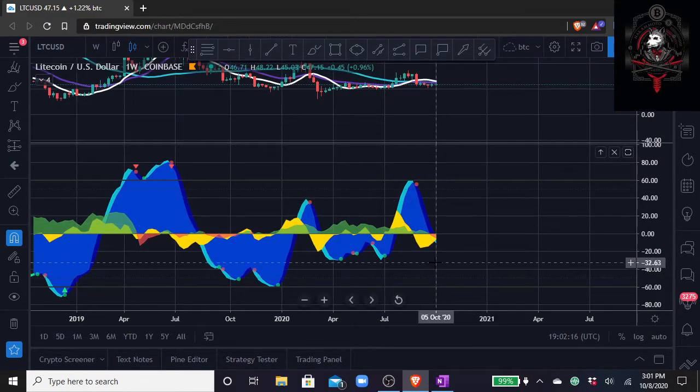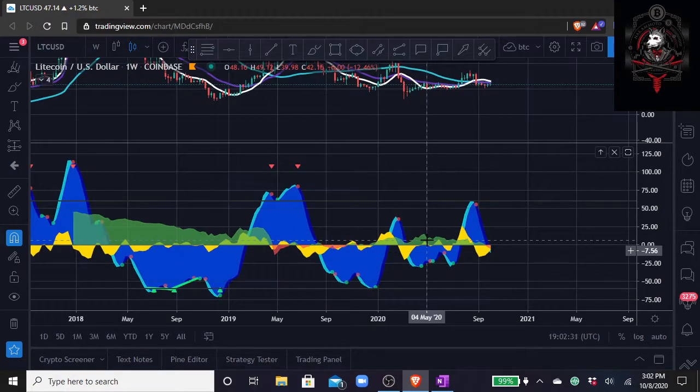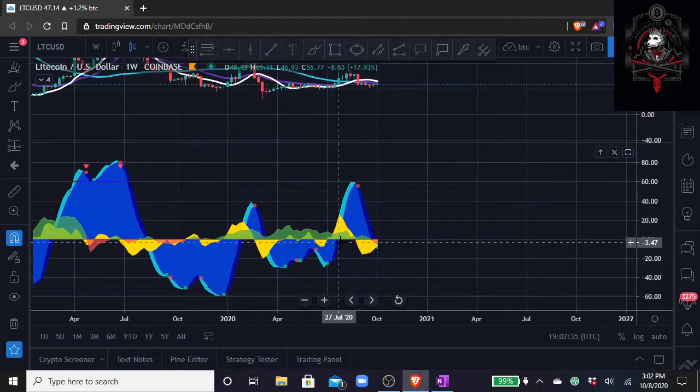We can see here on the weekly, the money flow for Litecoin is starting to turn red. Not the money flow, yeah, that is the money flow. Money flow is yellow, it is not red. Sorry, I do see a wave there turning red though. Yeah, that is, what am I saying? That is the money flow. The money flow is red and green, and the VWAP is the yellow.